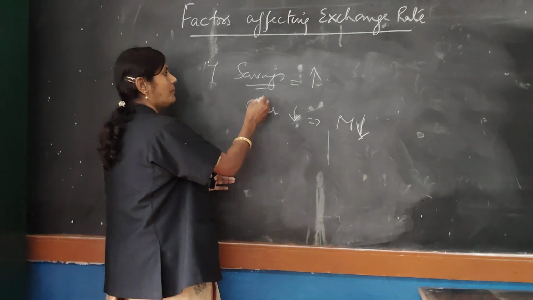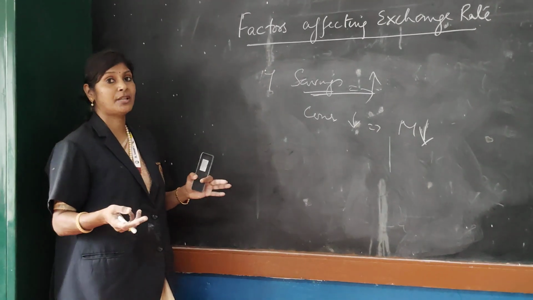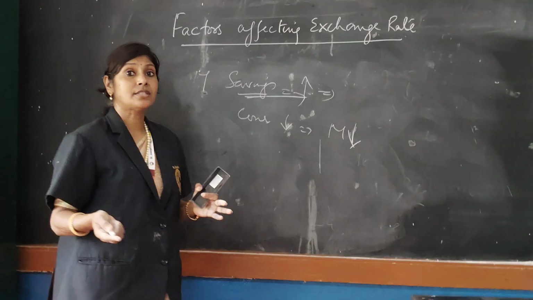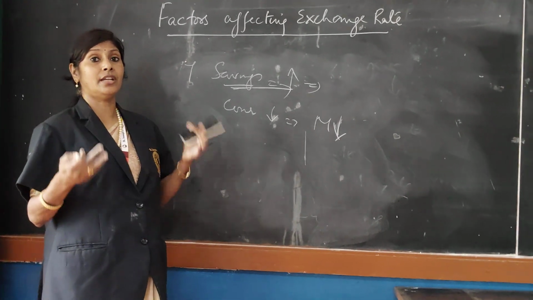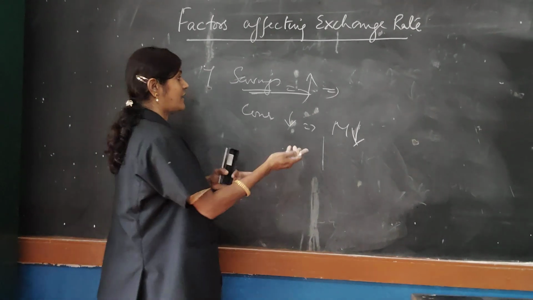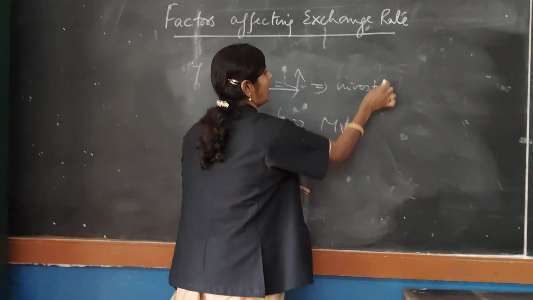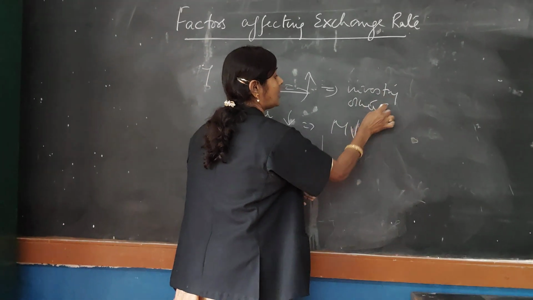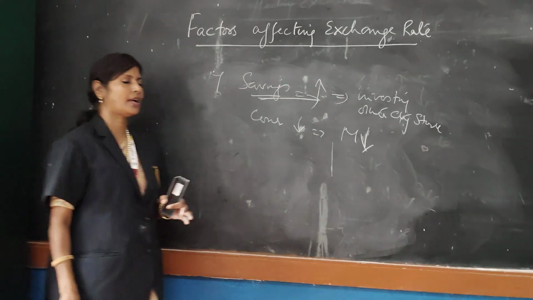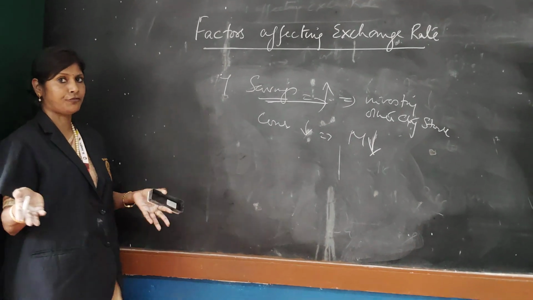But another very important aspect in savings is the balance: where the savings are invested, towards the stock market or in other countries' investments. They are investing in other countries' stock markets, right? So definitely there will be an outflow of money.